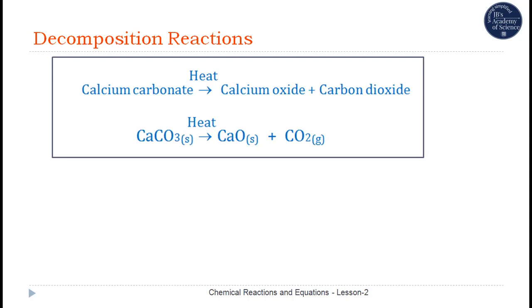CaCO3 gives CaO plus CO2 on heating. So one single substance is decomposed into two.